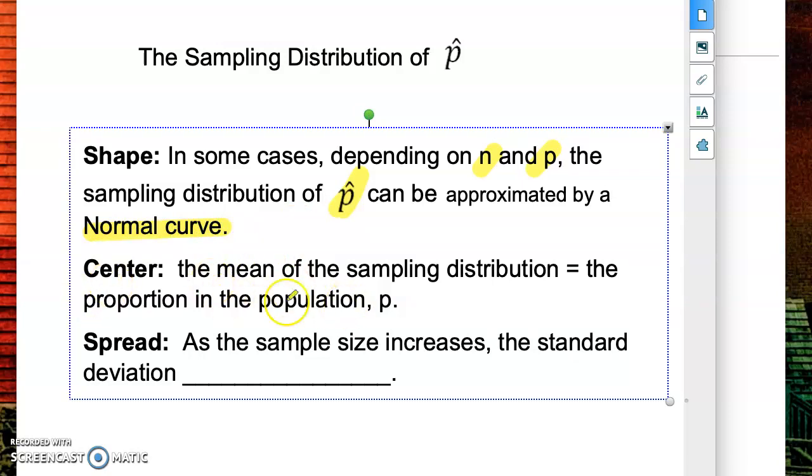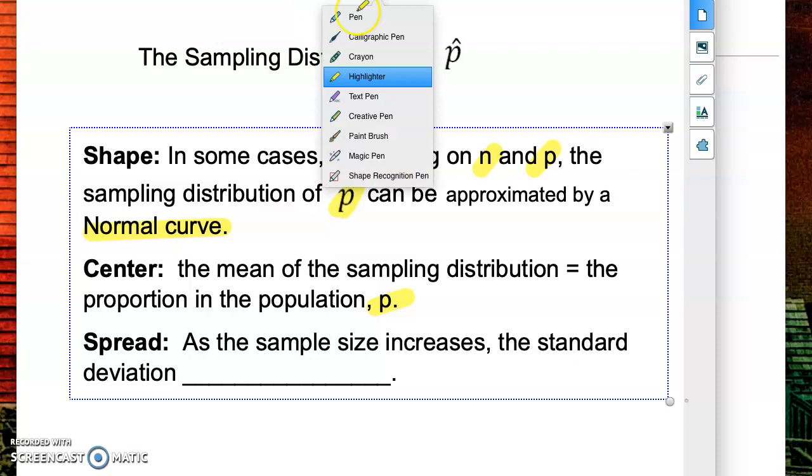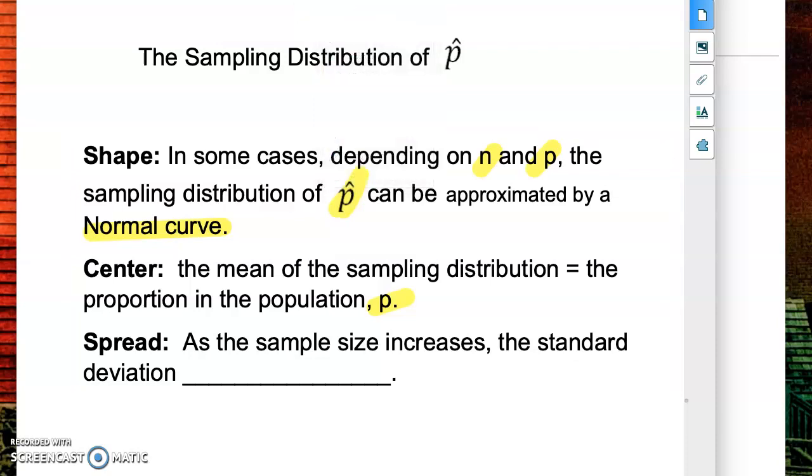The center is the population proportion p, and as the sample size increases, the standard deviation decreases. So the spread gets smaller as the sample size gets bigger.